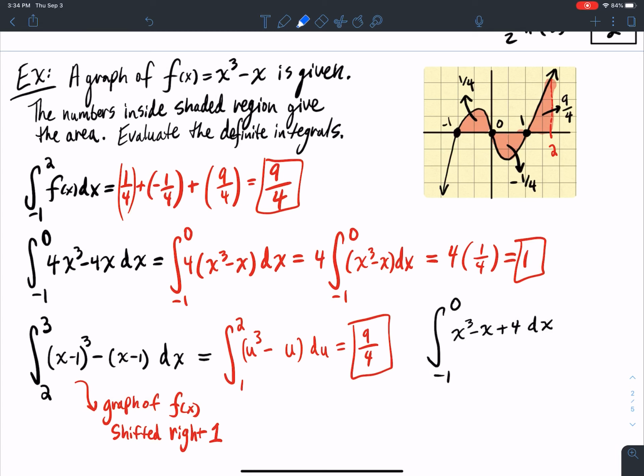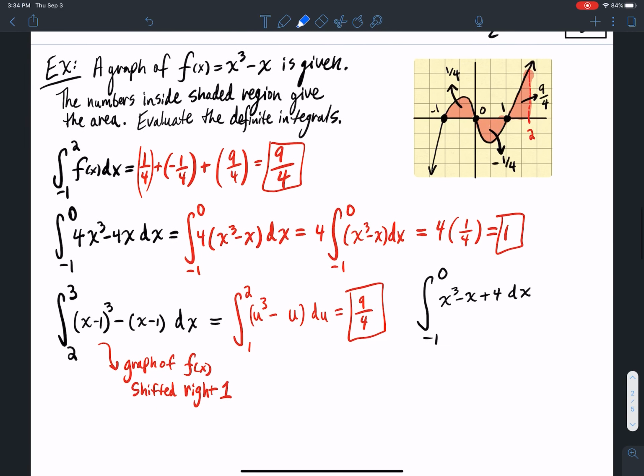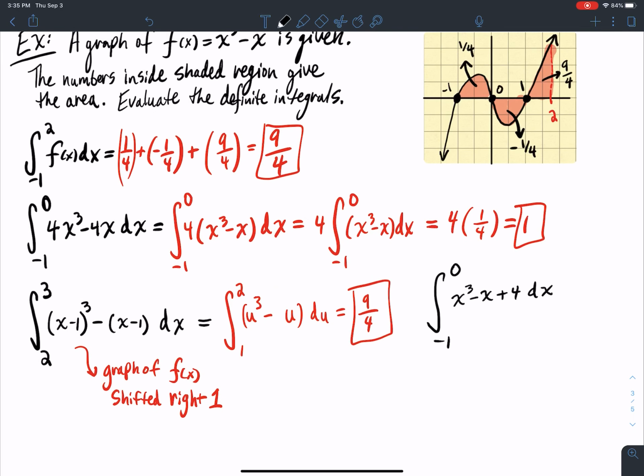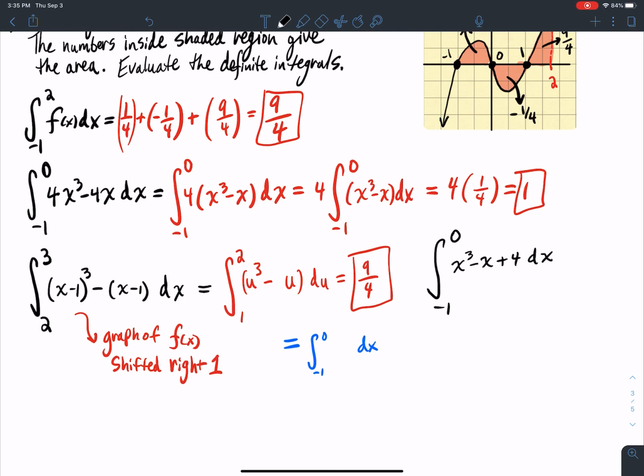This last one here, this one's another tricky one. Okay, so what's going on here? This is f of x right here, okay? But then I also have a 4 right there added to it. So what I'm going to do is split it up into two integrals.